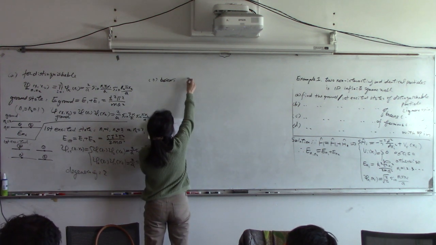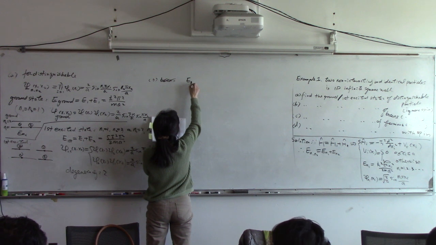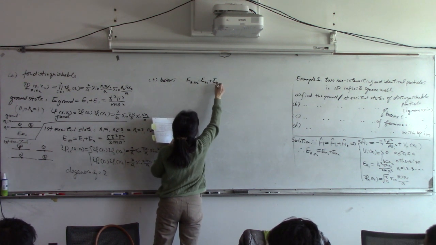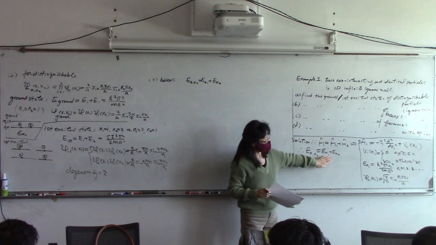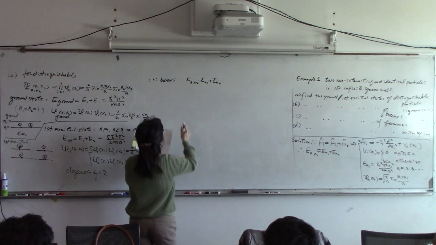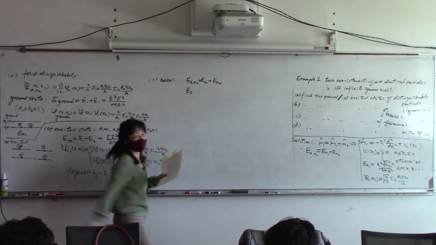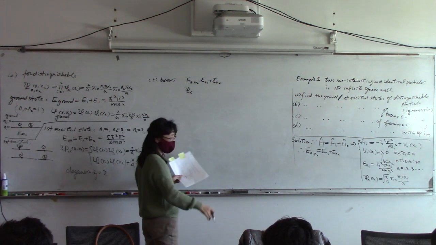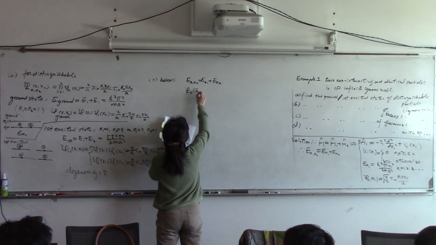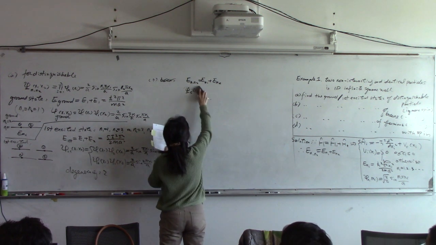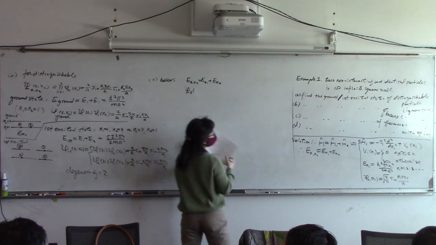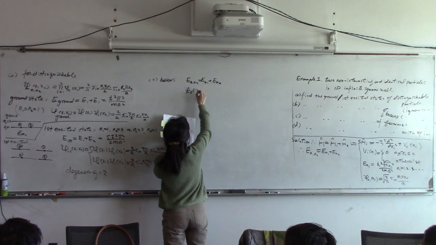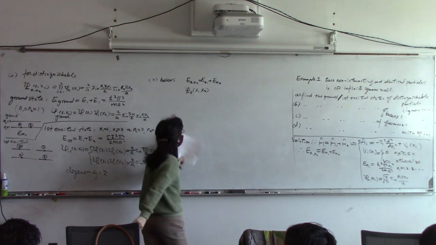So for bosons, the energy E_{n1,n2} is simply still E_{n1} plus E_{n2}. There is no change in the particle energies, but the wave function should be symmetric. That is implied, like in the winter exam, you know that. We ignore spin, so I just use the positions x1, x2.